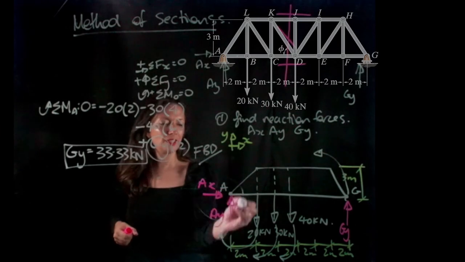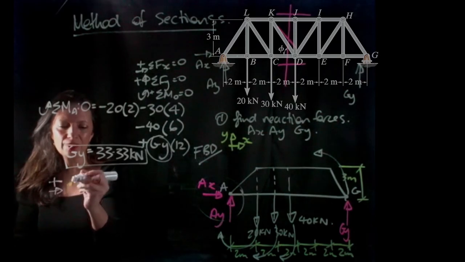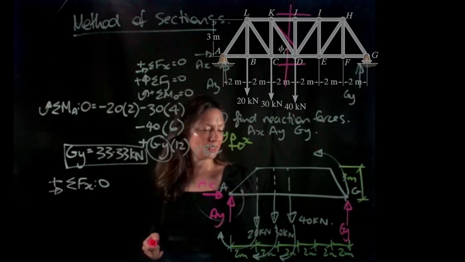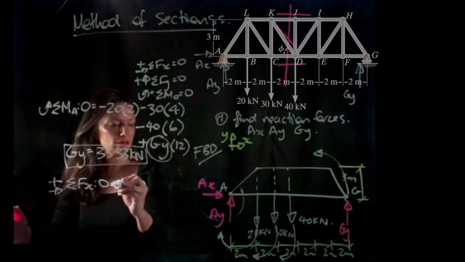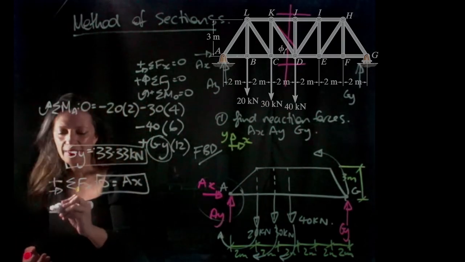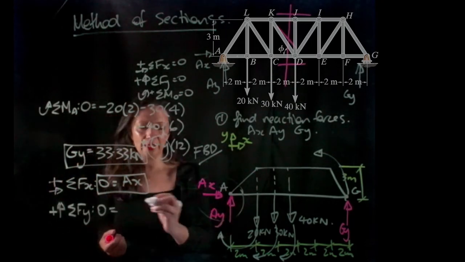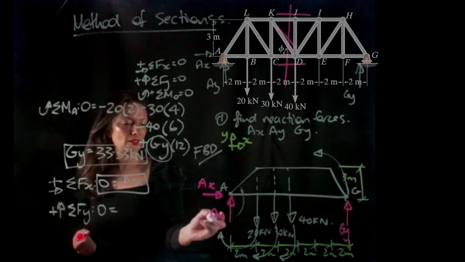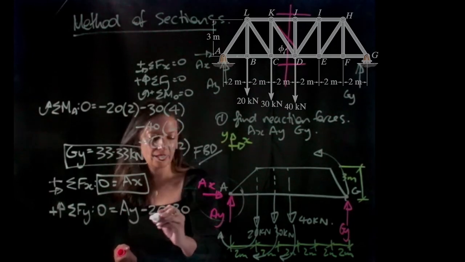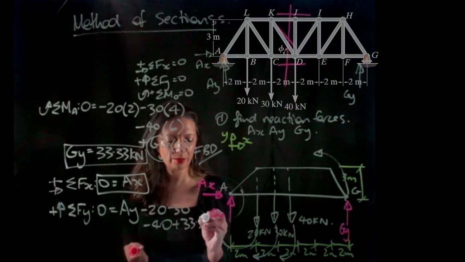So now I can find the reactions at AX and AY. So the sum of the forces in the x direction has to equal 0. What's in the x direction? We only have AX. So AX is going to equal 0. And then we have the sum of the forces in the y direction has to equal 0. And we have AY, which we are going to calculate, and we have minus 20, minus 30, minus 40, and GY is plus 33.33 kilonewtons.